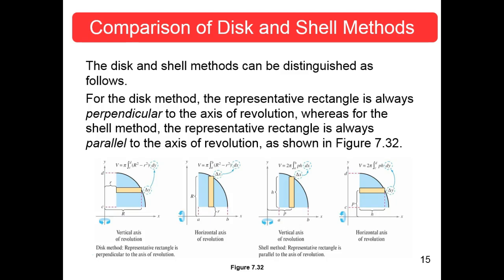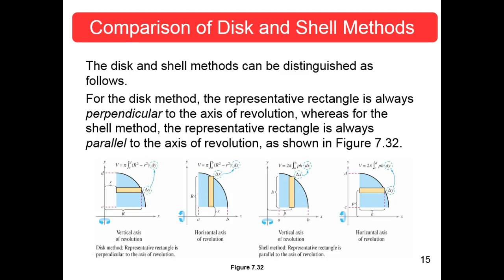Okay? And remember, out front for the disk method is pi r squared, or r squared minus r squared here, times your thickness. So that's simply your volume formula, area times thickness is your volume. So that all pans out nicely.